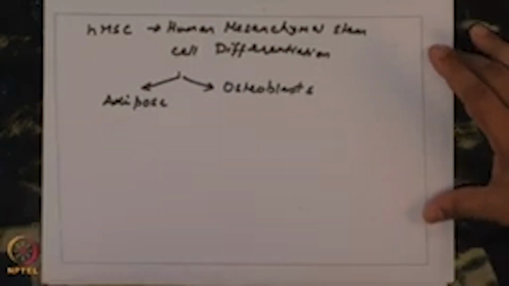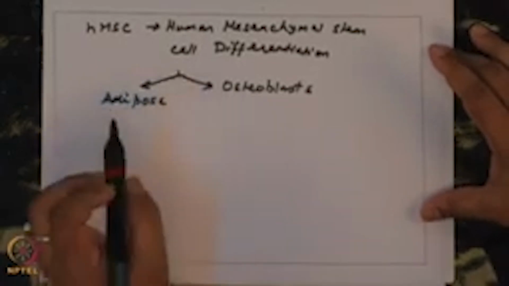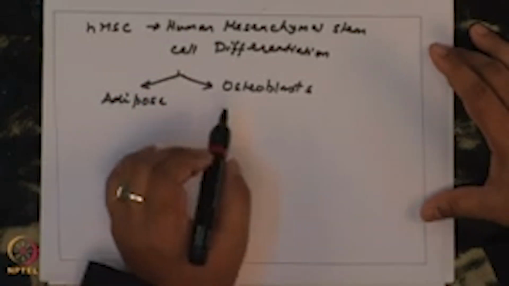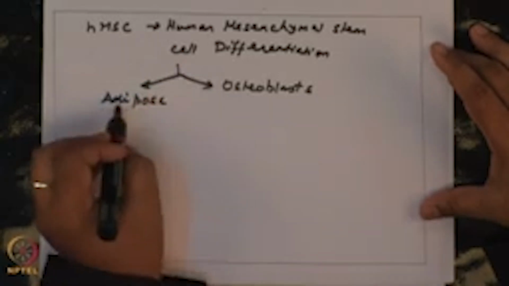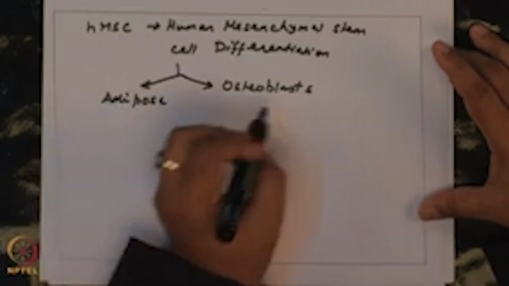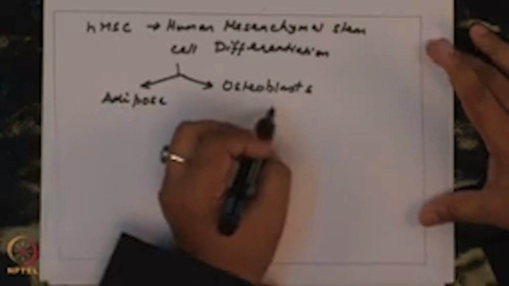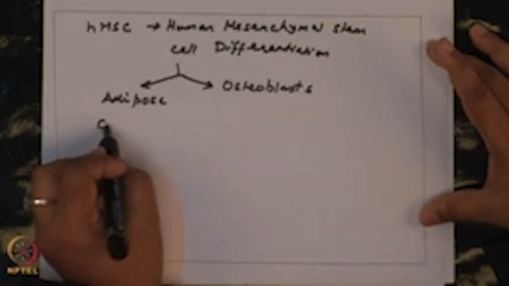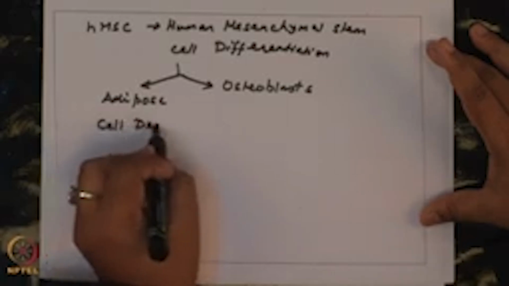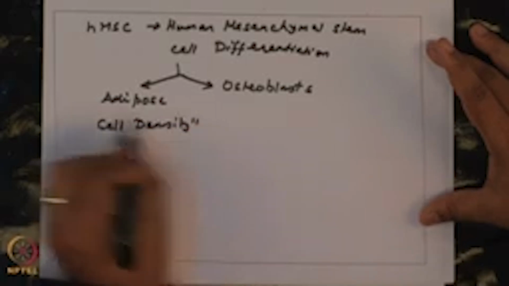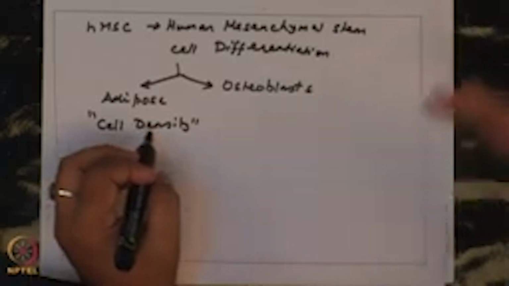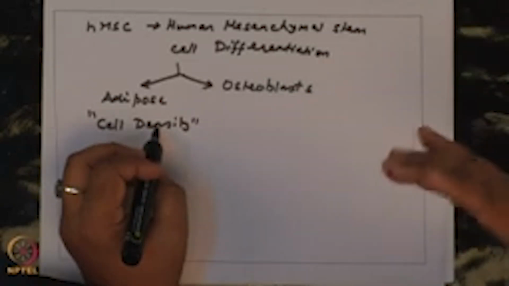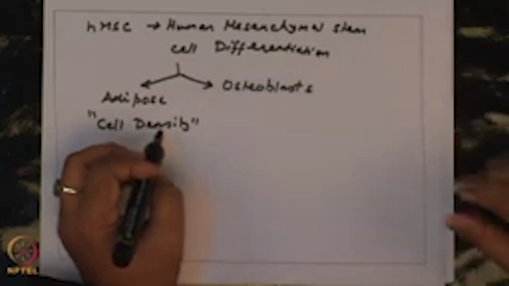Now, one of the striking observations in these experiments is that the decision to differentiate into an adipose cell versus an osteoblast is often dependent on the cell density. The density at which these cells are plated seems to have a strong correlation with the lineage to which these cells differentiate.